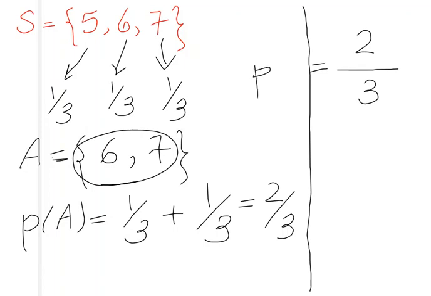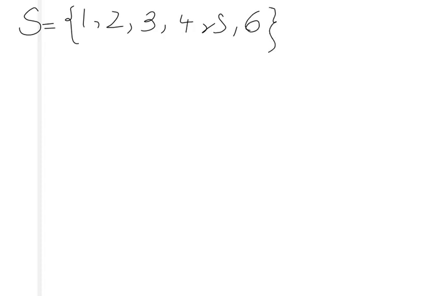So the probability of A is 2 over 3. Or for example, in rolling a dice, suppose these events.